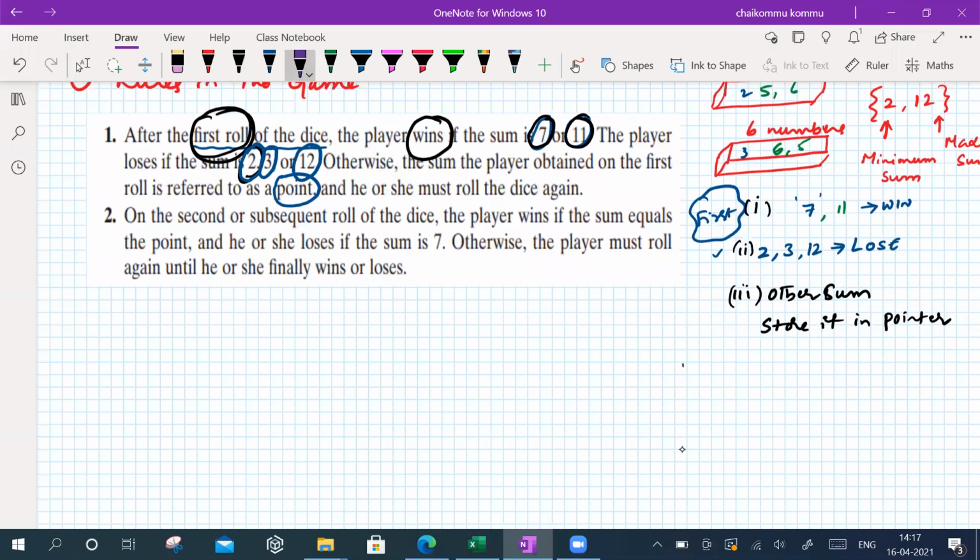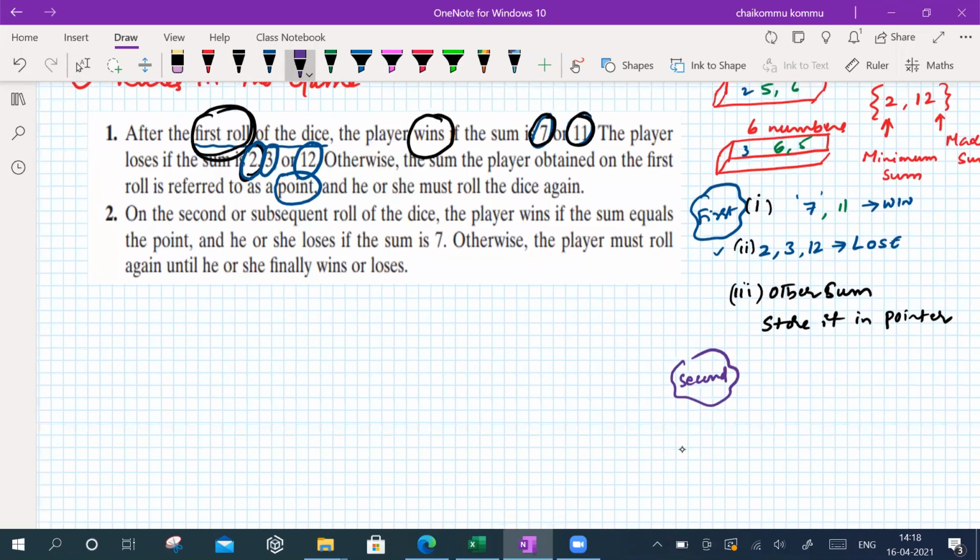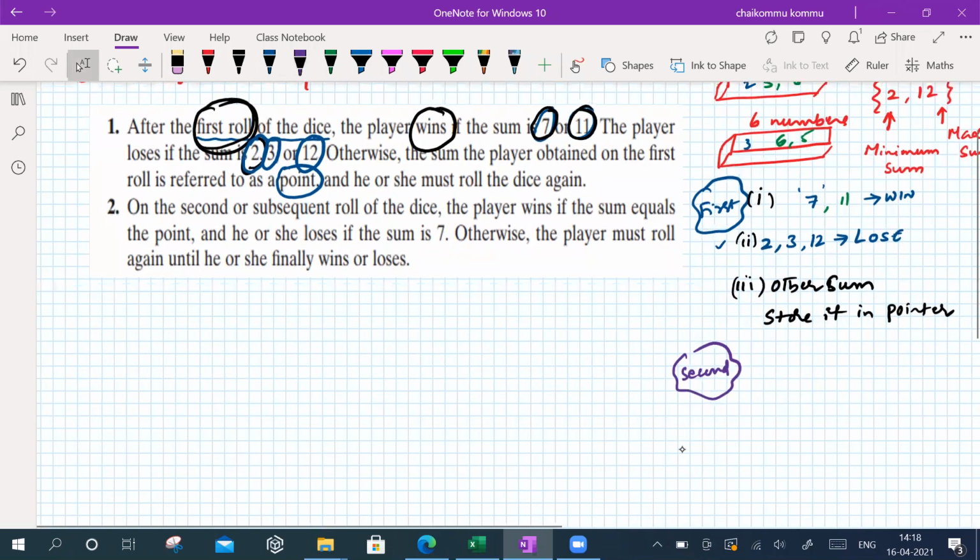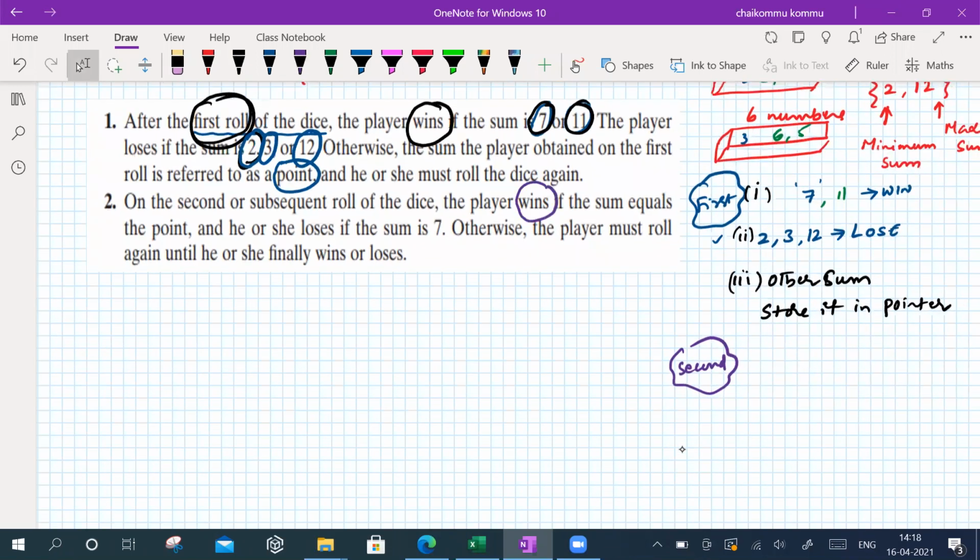Now let us consider the second time. Second time you are rolling. The player wins if the sum is equal to the point. For example, I said 5 came the first time. Second time you're rolling, again you find a 5.